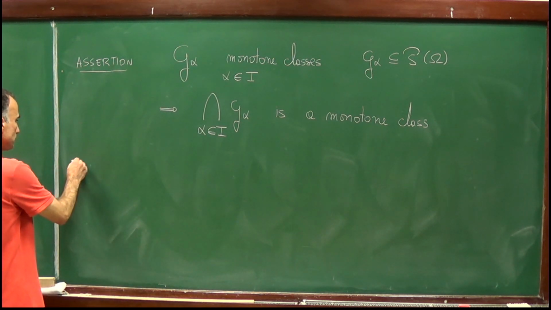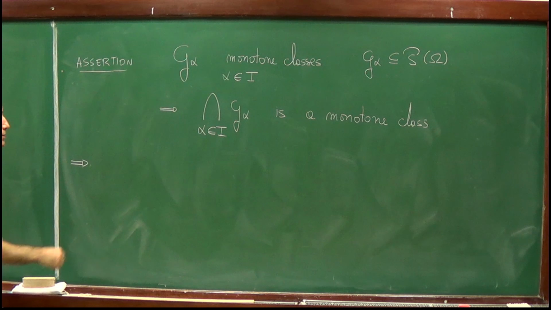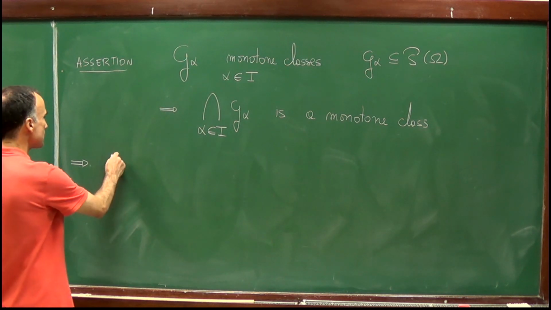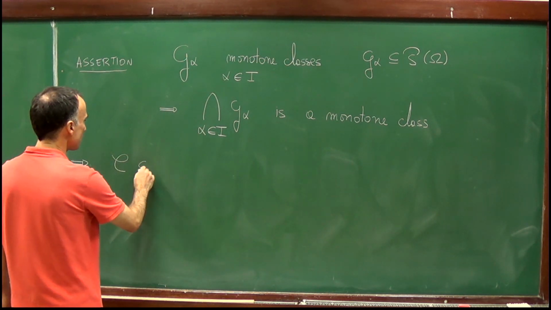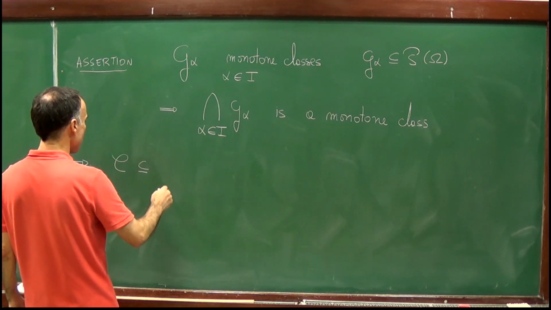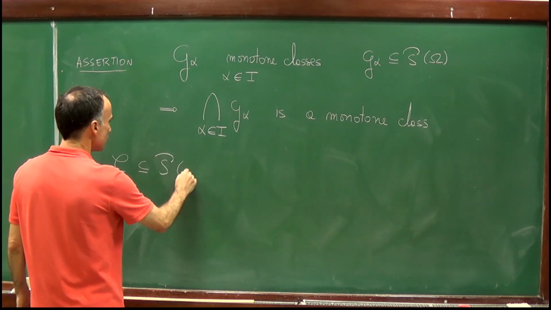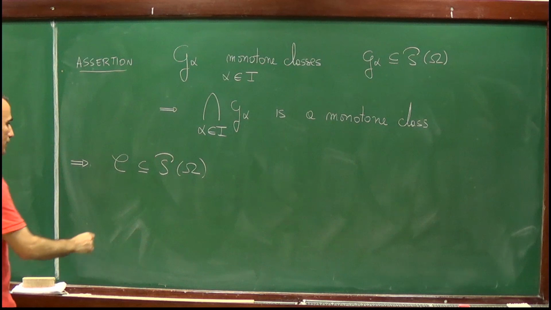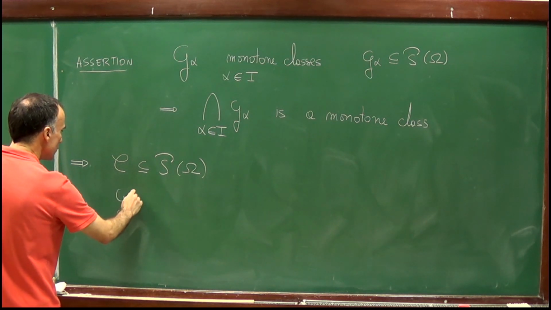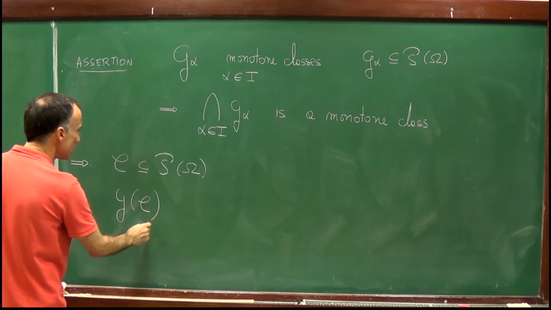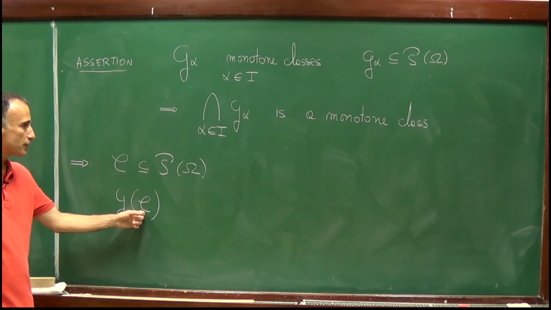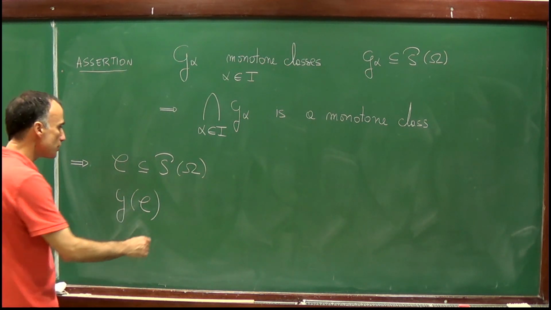Then this allows us to speak of the smallest monotone class which contains a set. So let's say that we have a family C of subsets of some set omega. I can denote it by G of C, the smallest monotone class which contains C. And this is just what?